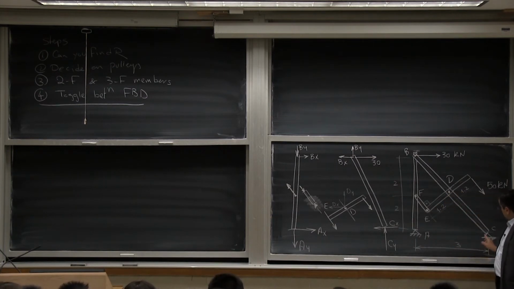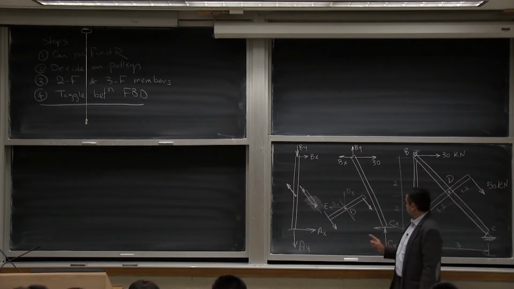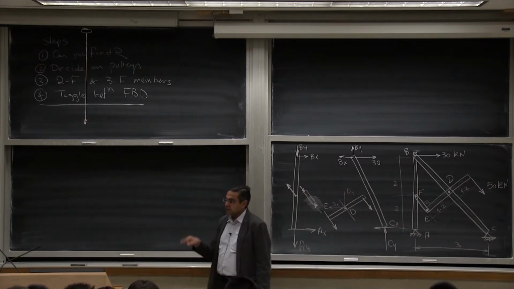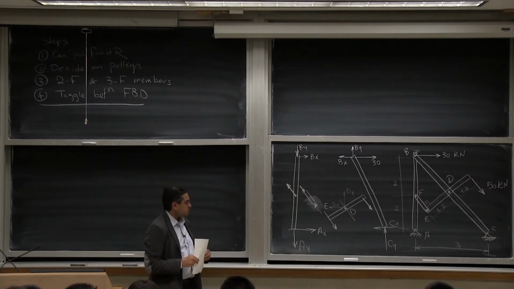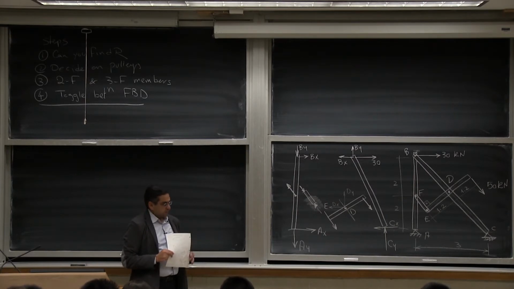The second thing that you'll notice is that this is a structurally indeterminate structure. You have four unknowns because this is a hinge and this is a hinge. And no matter what you do, you'll not be able to find the CX and the AX. You'll always find that they are adding up to the same amount, which will be 30.